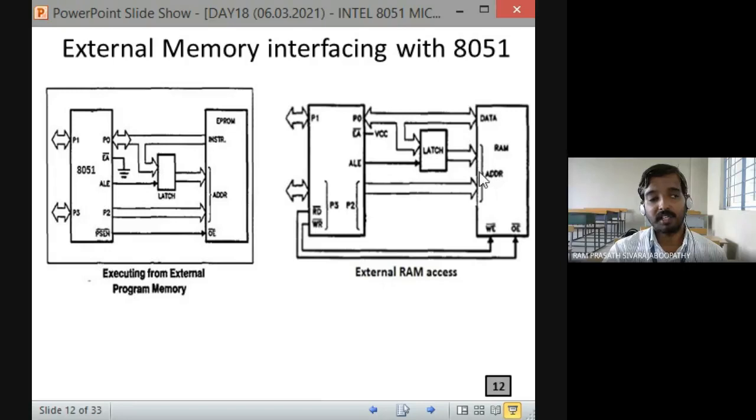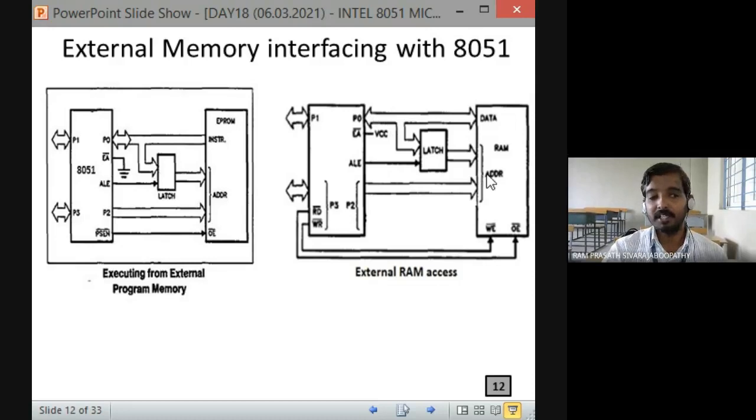So totally we have 16 pins now to address the 64 KB external RAM. Port 0 is demultiplexed externally with the help of ALE again. This lower order 8 lines and higher order 8 lines combined make a 16-bit address bus now. Then the demultiplexed data bus, from port 0, functions as the data bus.